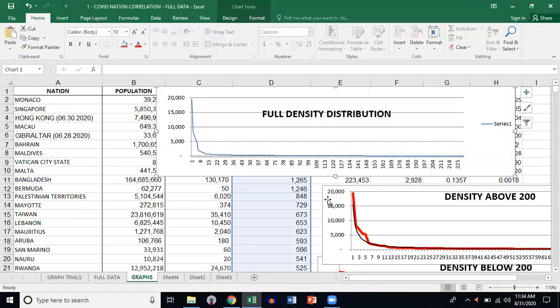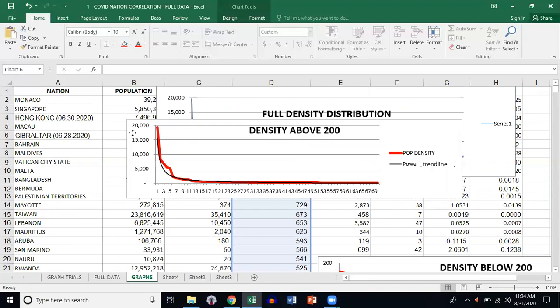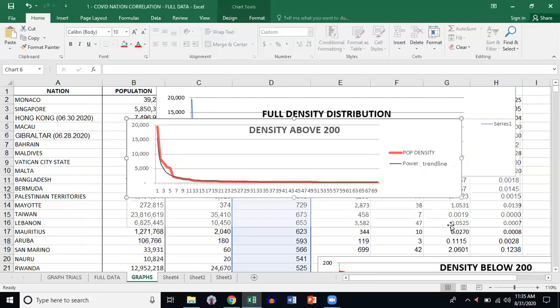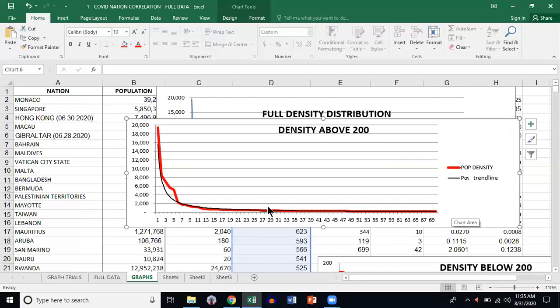For example, this one is above 200. I still get the power law, right? Above density of 200, those are the 70 countries that I told you about. Okay, 70 countries. It still has a power law, but the tail is still a long tail.